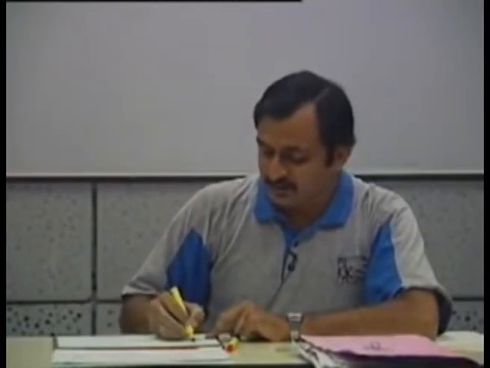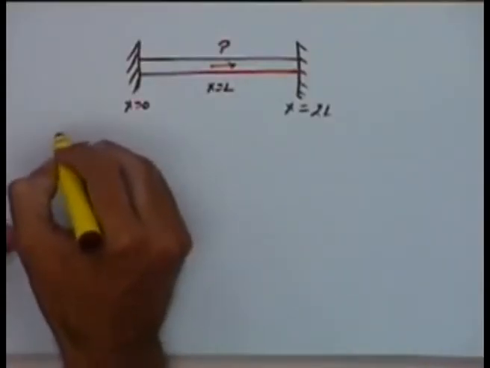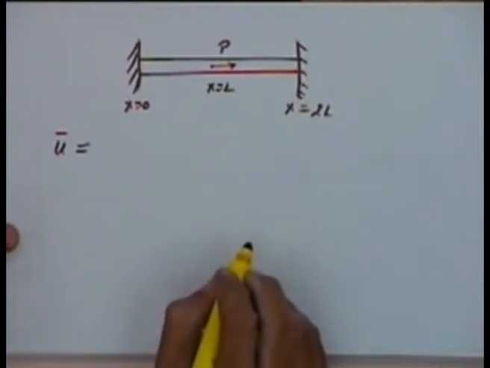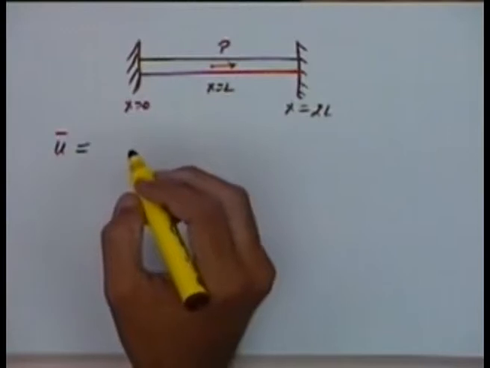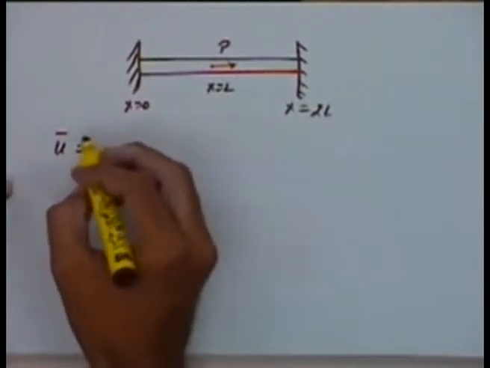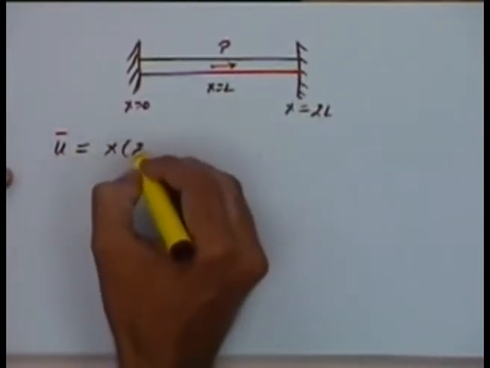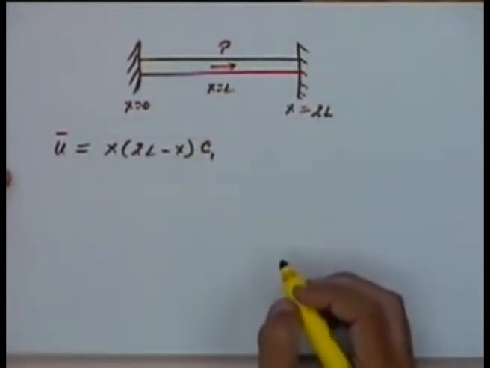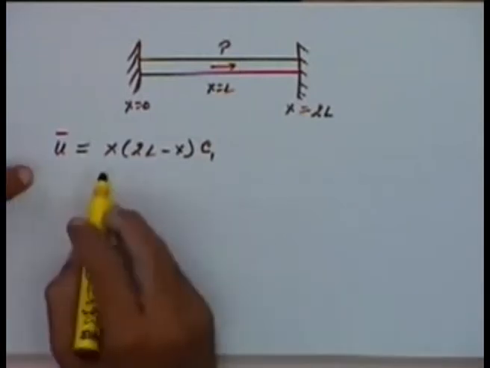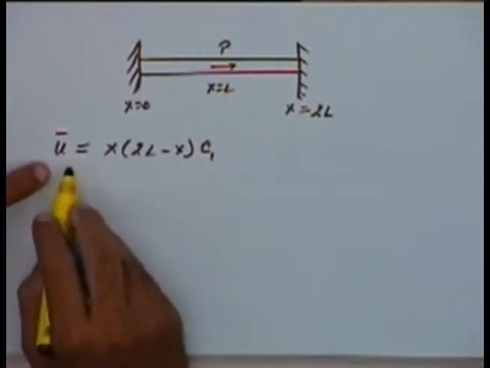The first thing is we have to take some approximation for u bar. So let us work with the same approximation as we had last time, and I will write it directly now. We had taken a quadratic expression for u.